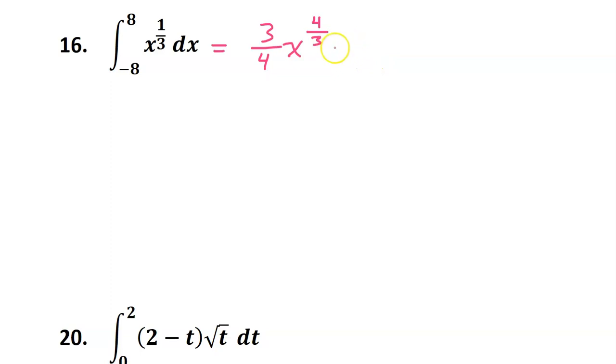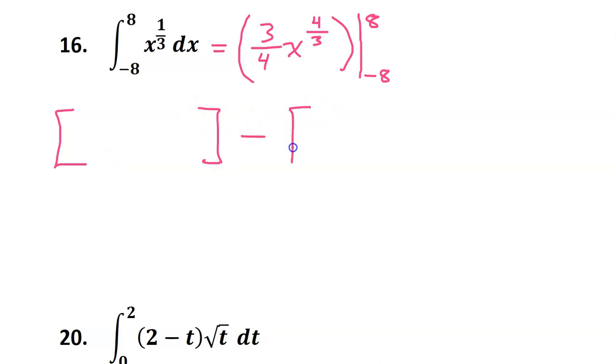But again, instead of putting a plus c on the end of this, we are going to put this vertical line, including our lower limit and upper limit of integration. This tells us to evaluate at the upper limit and then subtract the value at the lower limit.